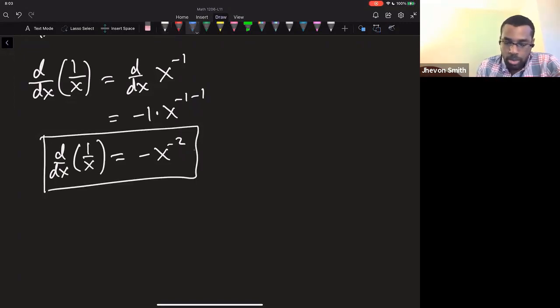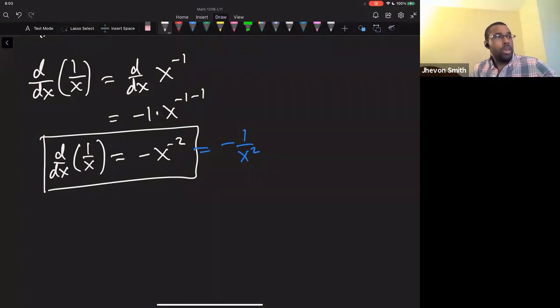Which is exactly what we had before, right? This is minus 1/x squared. So the power rule is very powerful because there are a lot of things that you can rewrite as x to a power. So it's very useful in that sense.